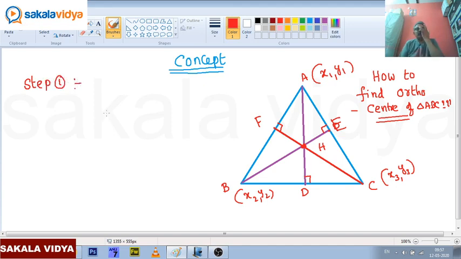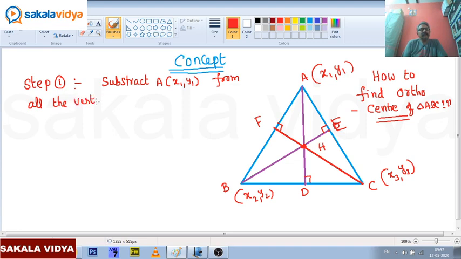So step 1: subtract (x1, y1) from all the vertices, from A, B and C. Now we get this form.